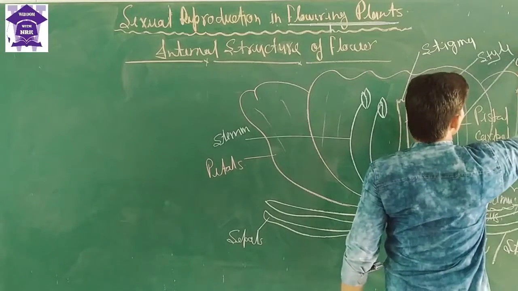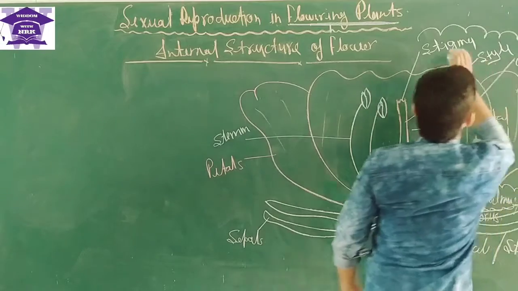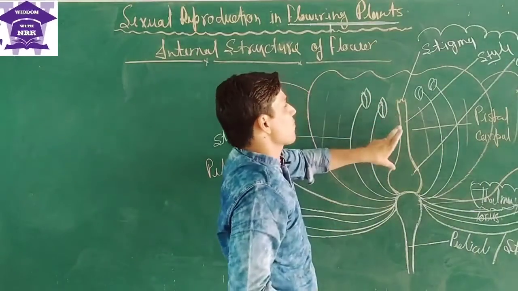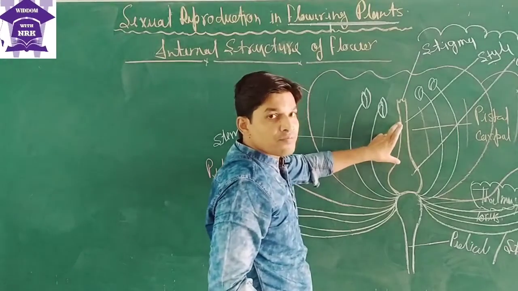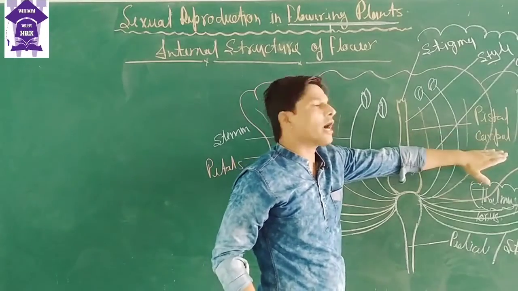These three parts, stigma, style and ovary, joined together form the full female reproductive organ of the flower, known as the pistil or carpel.